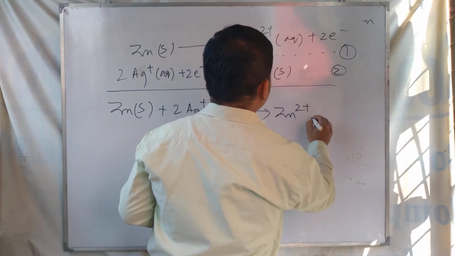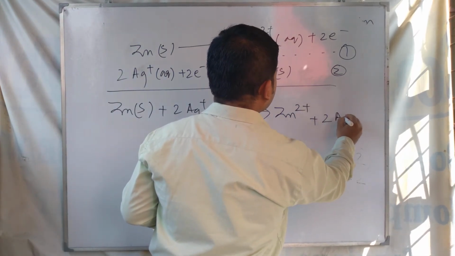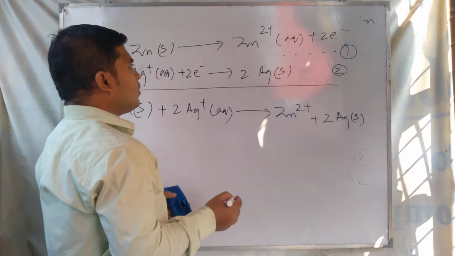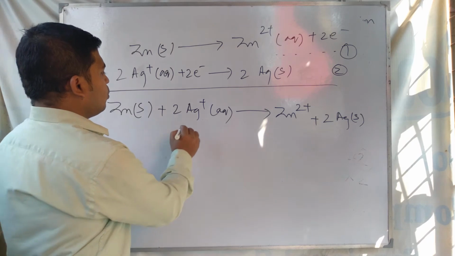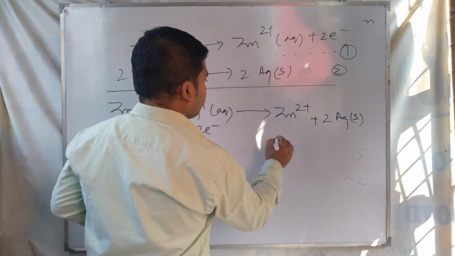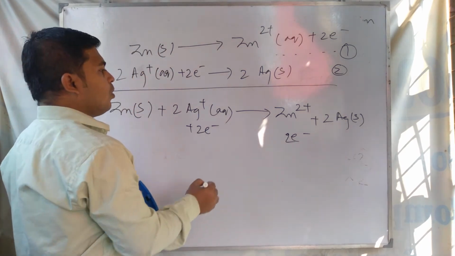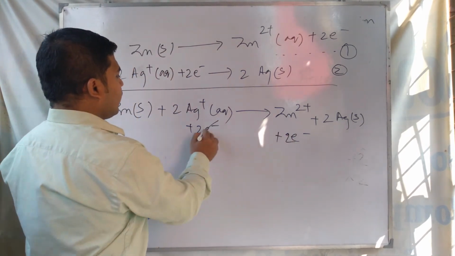So therefore we are not writing the electrons here. Zinc 2+ plus 2 Ag solid, and the electrons cancel from both sides. Here 2 electrons on the left hand side and 2 electrons on the right hand side, so these two electrons are cancelling.